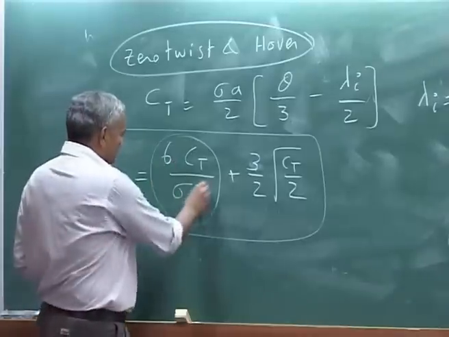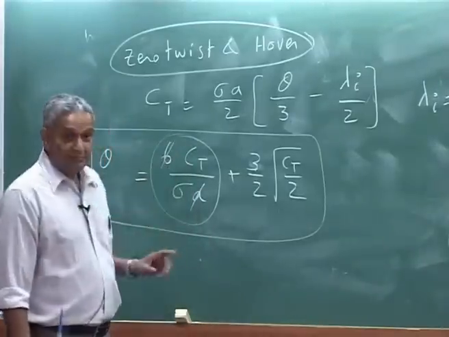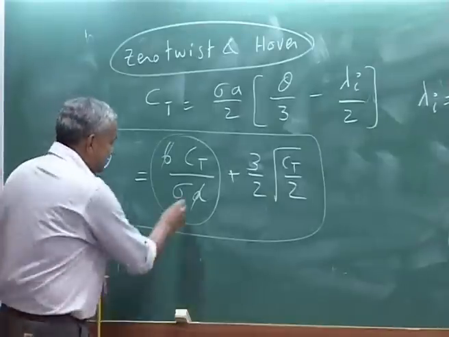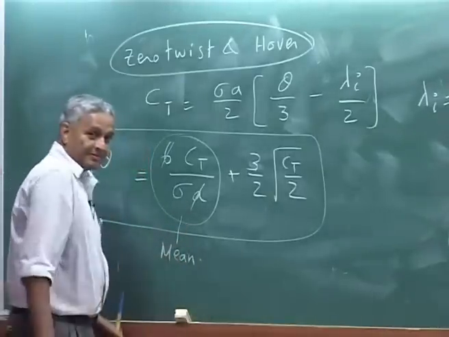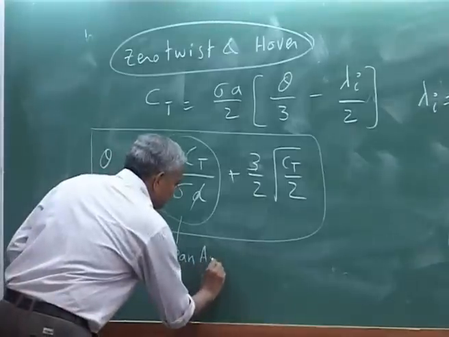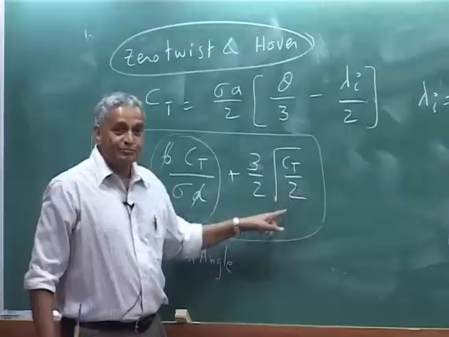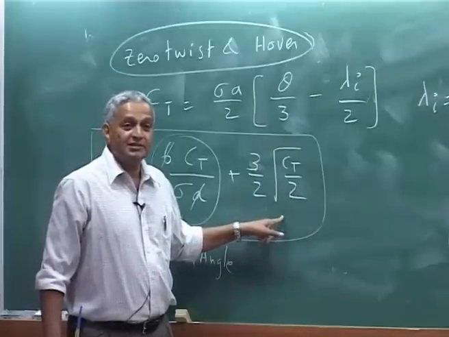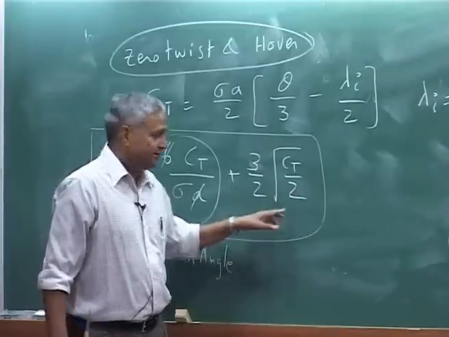So, you knock this out. Now, you see Ct by sigma, this is the mean angle, and this is the term due to variation because of the inflow.